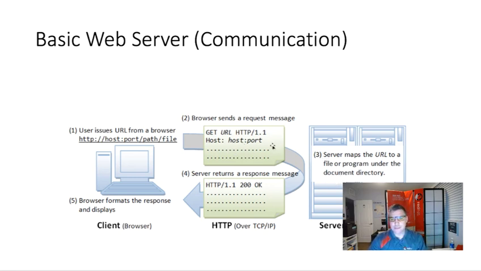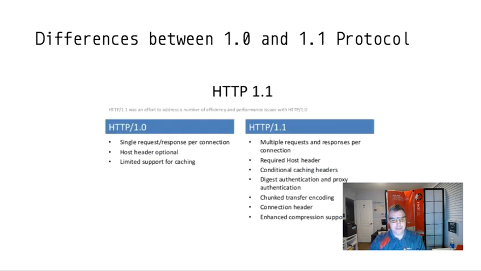Then the server will get that request. It will send back a response, which your browser will then display to you as the pretty websites that you're used to. This is just one example of what the early HTTP 1.0 protocol supported versus 1.1.